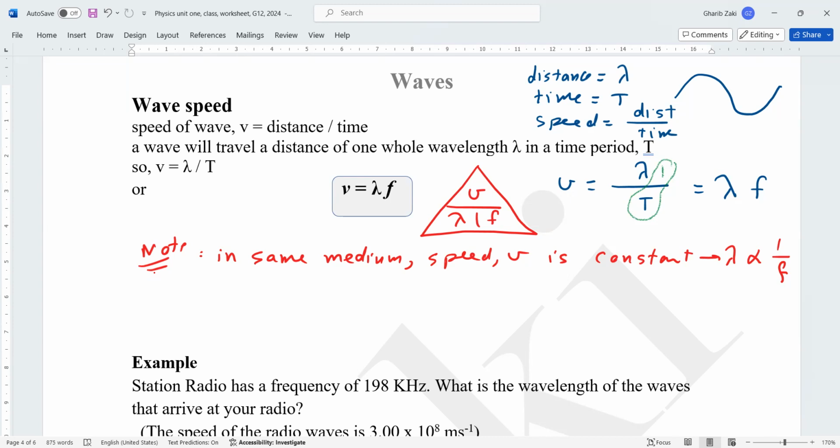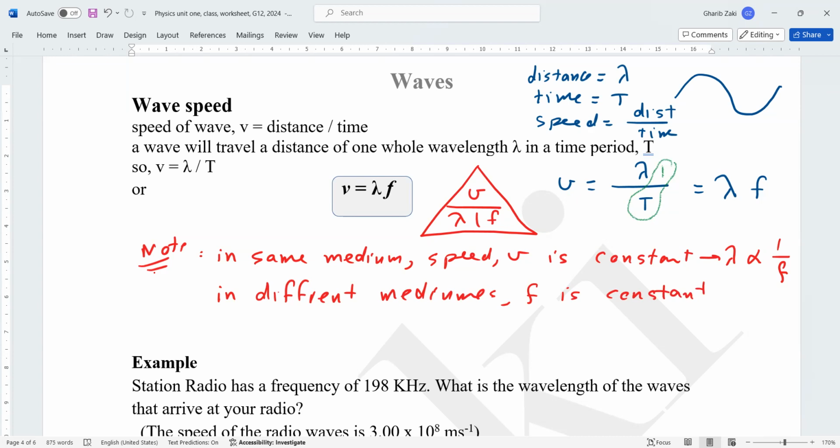So the speed is not constant. What will be the constant? The frequency. So remember that in different mediums, the frequency is constant, because it depends on the source.